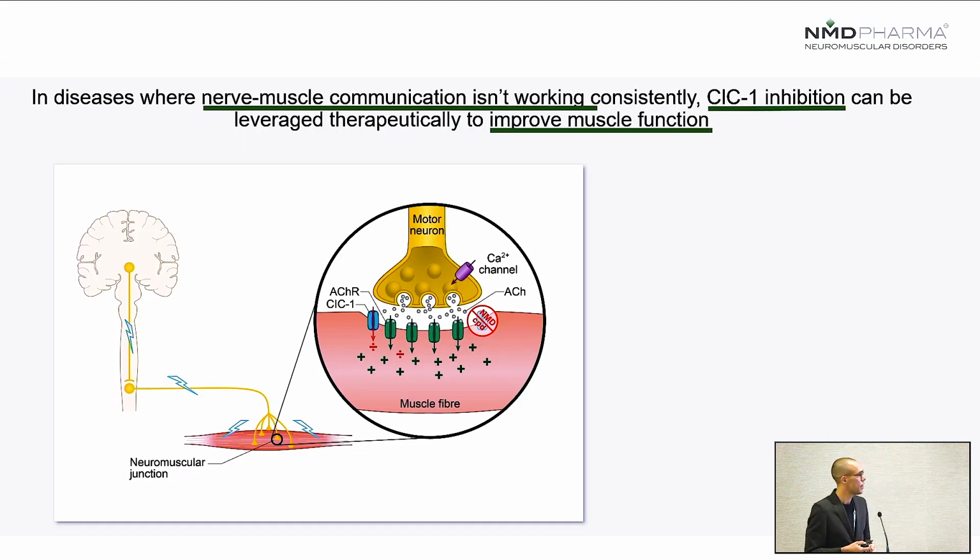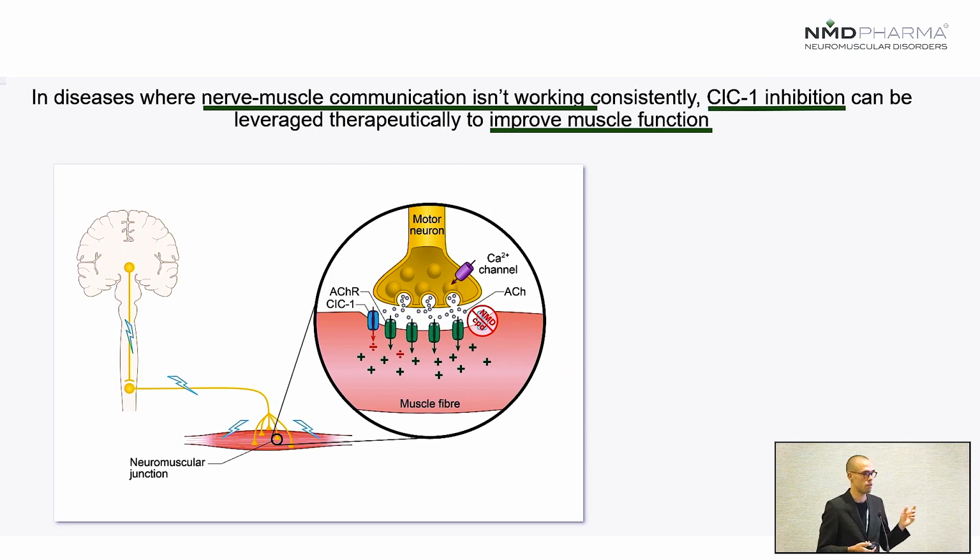This slide is showing you in a little bit more detail the mechanism of action of this drug. You see a nerve signal that is transmitted from the brain via the nerves and to the muscles. At the very end of the nerves, you have the connection between the nerve and the muscles. It's a highly specialized synapse called the neuromuscular junction.